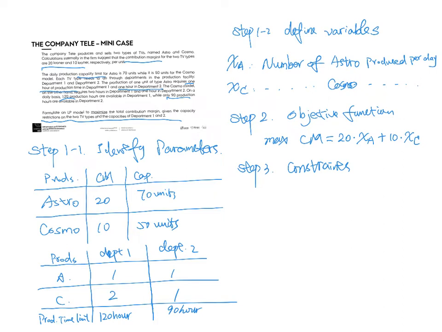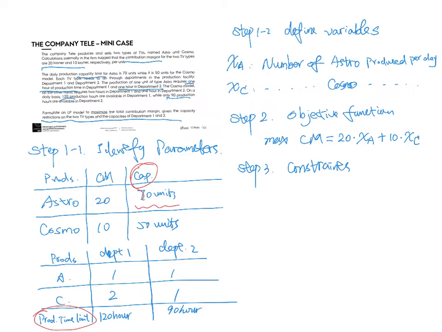So in this question, we know we have the production capacity. So I change the color of the pen. So this capacity is one constraint you can think about. And another constraint actually is the production limit. So we try to formulate these constraints into mathematical relationships. So now let's say the production capacity for Astor, which is 70 units.